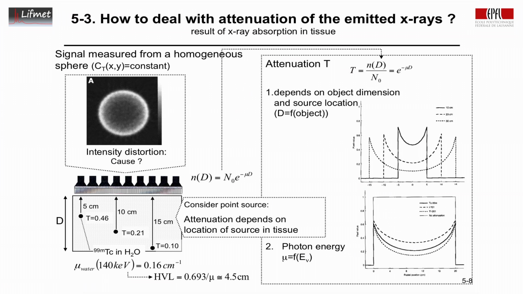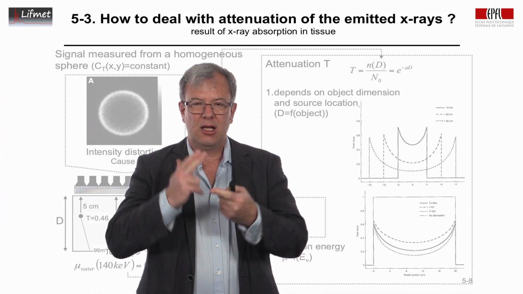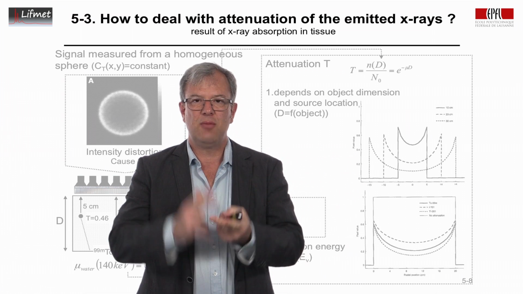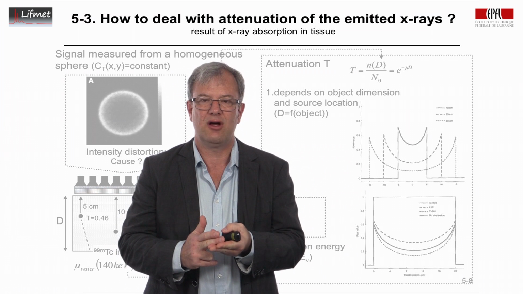That is because the linear attenuation coefficient is not uniform for any substance with photon energy. It depends on the photon energy, and so this absorption depends on the tracer that we're using. Of course, here would be the activity that we detect if we had no absorption. So to conclude, we have 2 effects: location of the source, dimensions of the object, and type of gamma emitter that we are using.